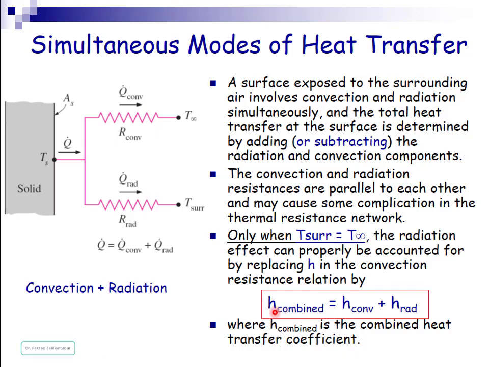Then we will have this form of the heat transfer coefficient that we call the combined heat transfer coefficient. It is a combination of the heat transfer coefficient for convection plus the radiation heat transfer coefficient.